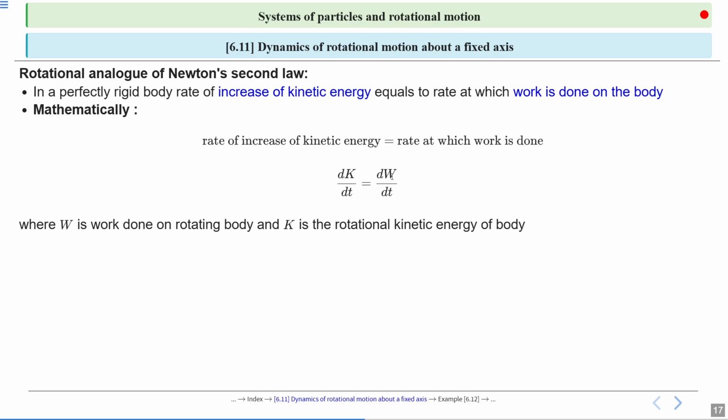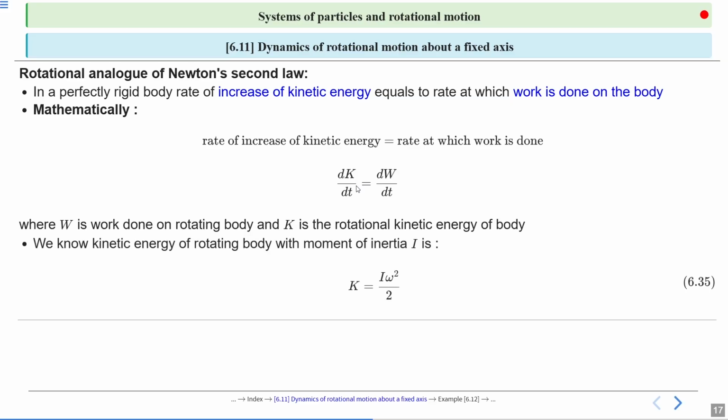Here W is the work done on the rotating body and K is the rotational kinetic energy of the body. I think this is clear because we already discussed the rate of kinetic energy. So we know the kinetic energy of a rotating body with moment of inertia I is K is equal to I omega square by 2. Yes or no?